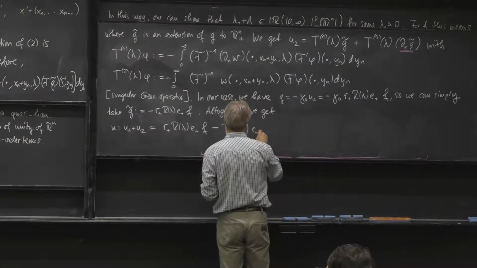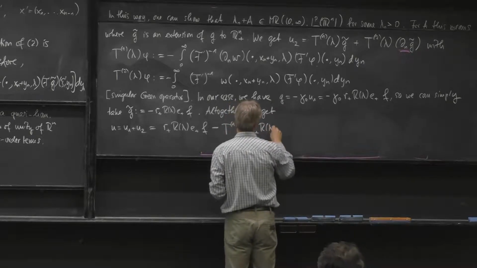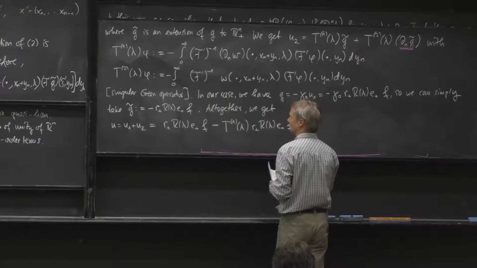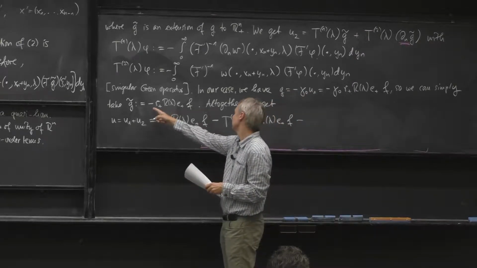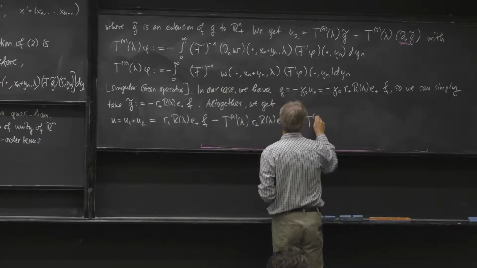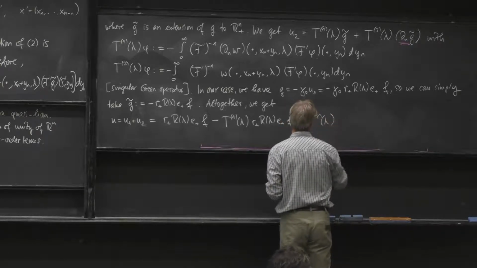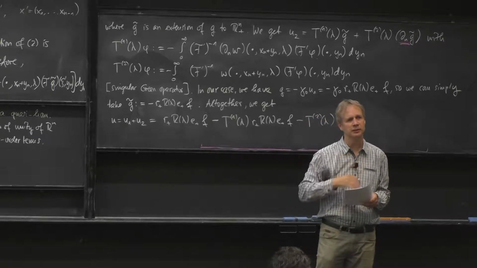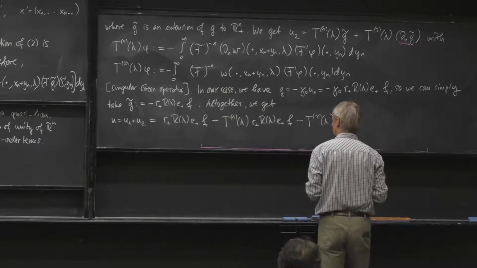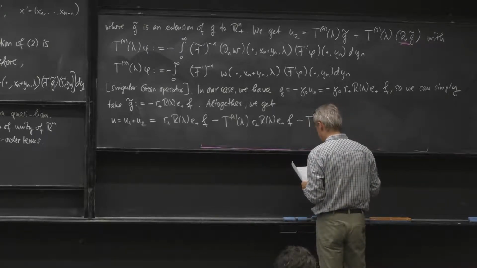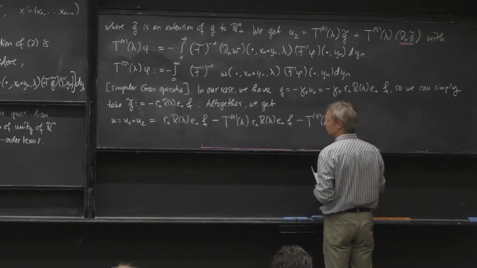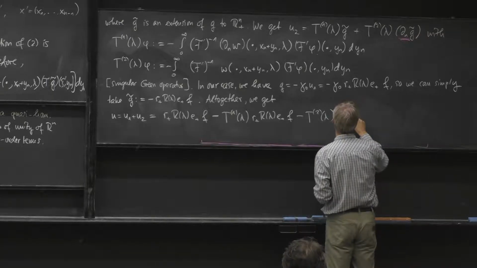So this is R plus R lambda E plus f minus, so this minus comes from here. And the second solution operator, so T1 and T2 are also called solution operators because they solve the inhomogeneous boundary value problem. And this is now applied to the normal derivative of u1, which is this one.